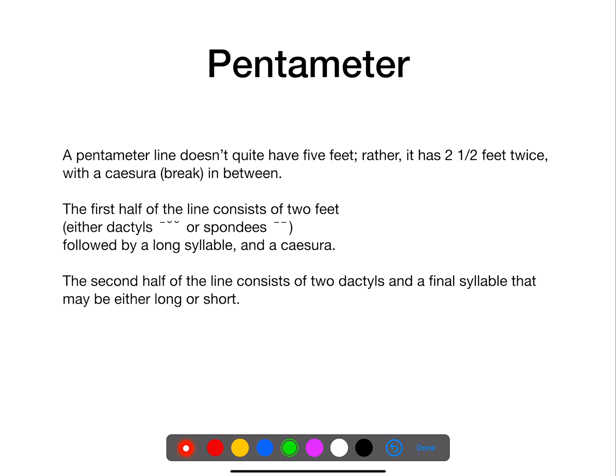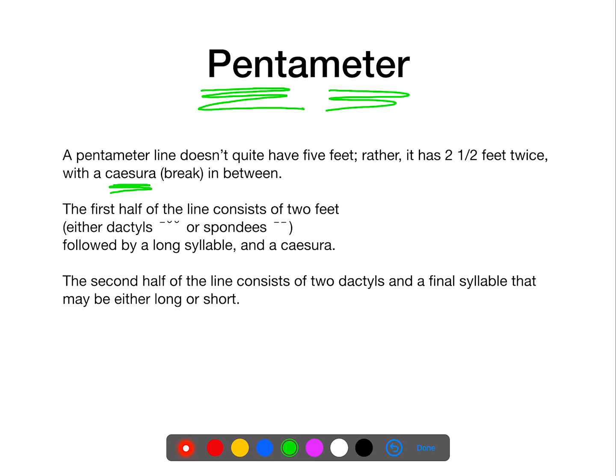Now, looking at the name pentameter, you might think that a line of pentameter has 5 measures or 5 feet, but it doesn't quite have 5 feet. What it has is 2.5 feet twice, with a break in between them called a caesura.